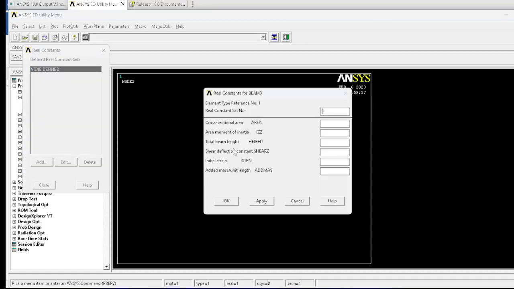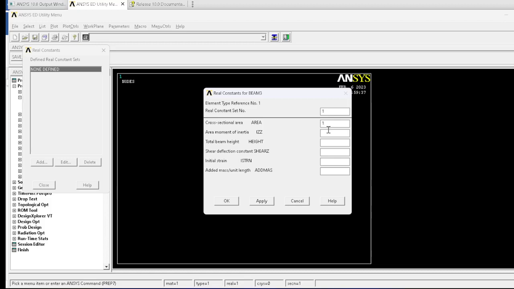You can see the real constant for a link asks only for area. Now it is asking for area, moment of inertia, and height. For the beam problem, we need to mention the area, the moment of inertia, and the height. Area is not given, so if not given, take it as unit area, that is 1 meter square.